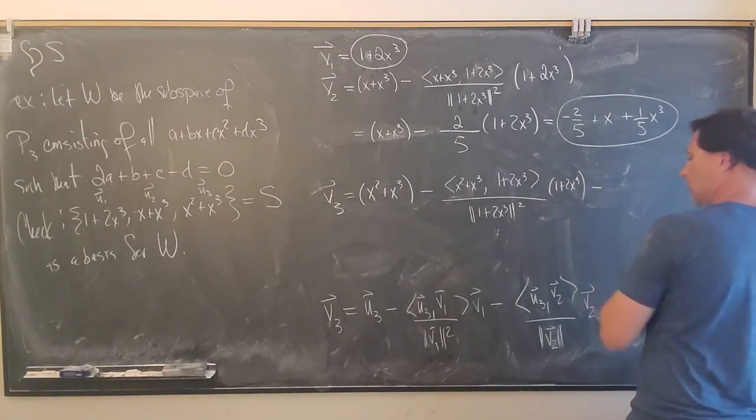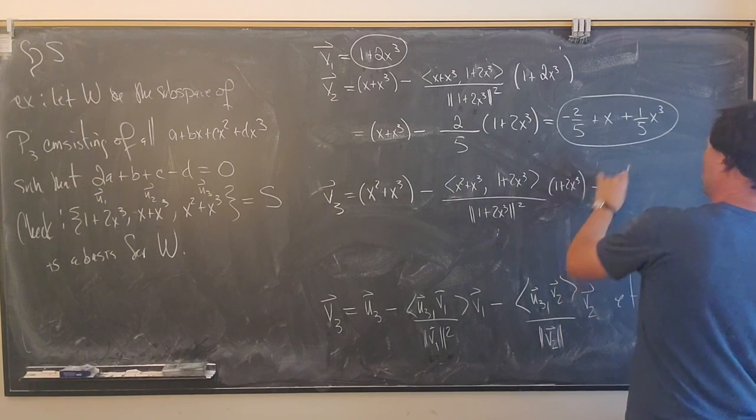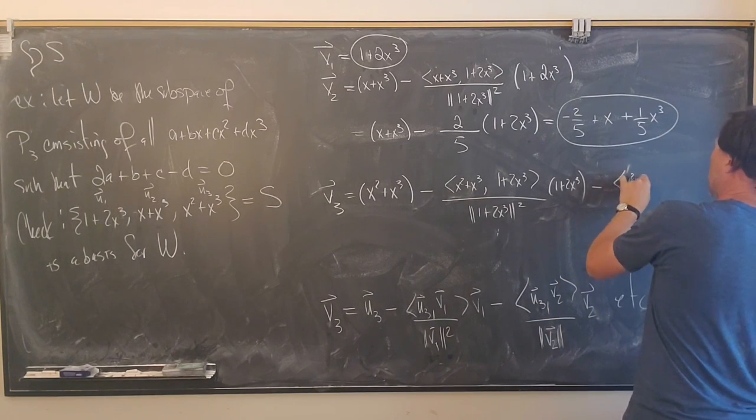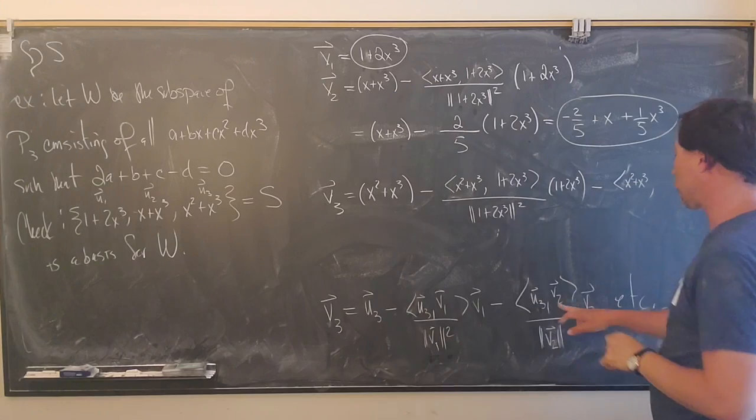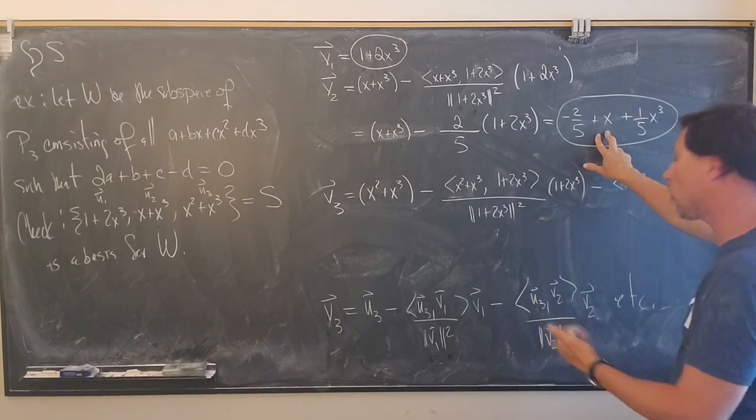Minus, okay, so now we're going to do u3, x squared plus x cubed, inner product with v2. So notice you have to compute v2 before you can go on to the next step.